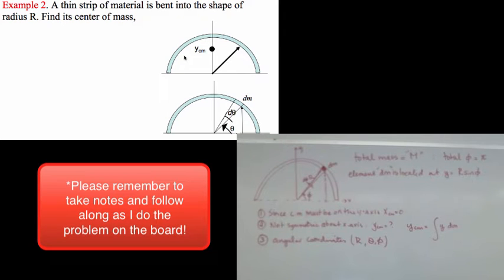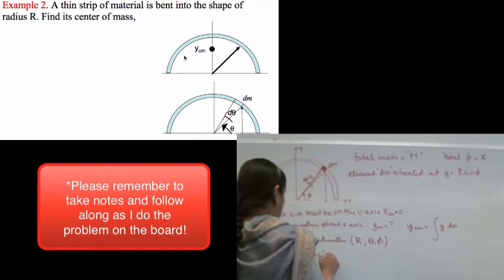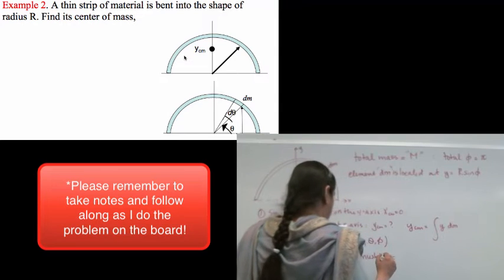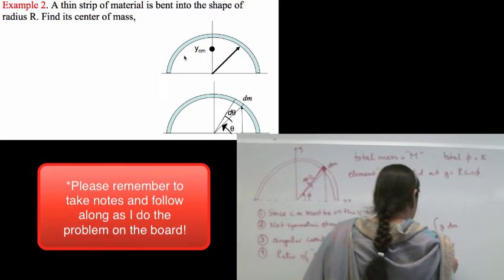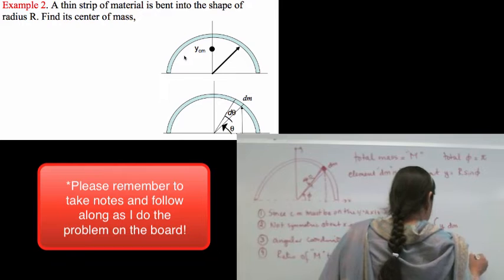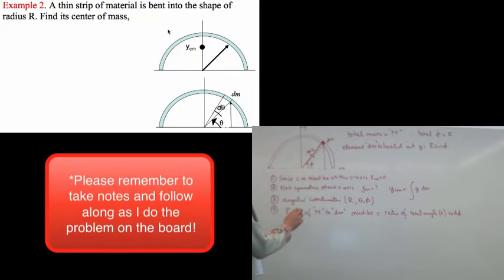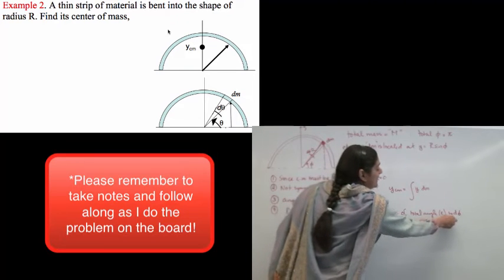Now, what else can I say? The fourth thing I can say is that the ratio of M, which is the total mass, to dm must be equal to the ratio of the total angle, which is pi, to d phi.